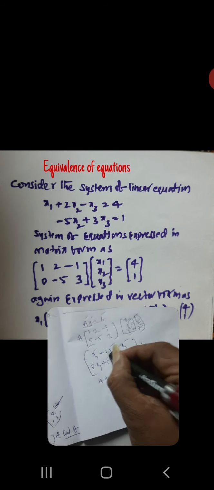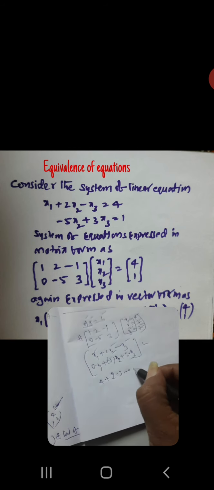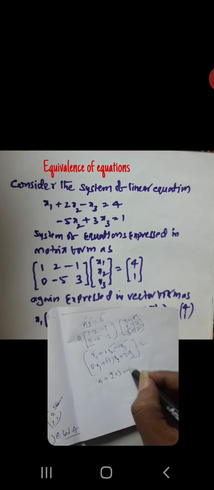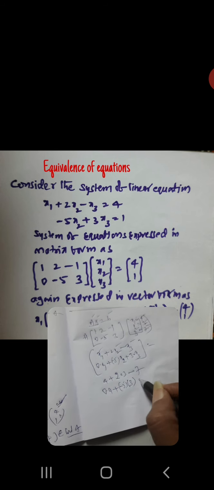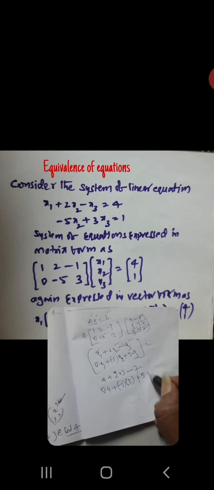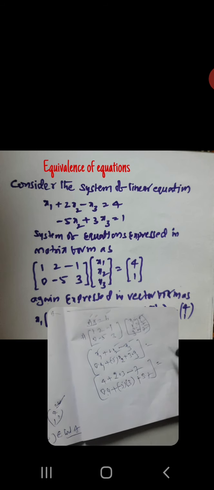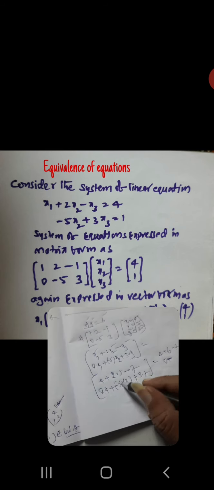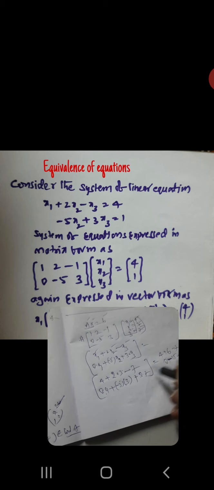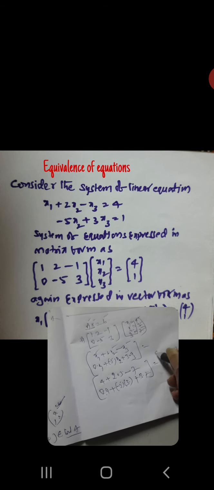4 plus 2 into 3 minus 7, and 0 into 4 plus minus 5 into 3 plus 3 into 7. What is the answer? 4 plus 6 minus 7 is 3. Then 0 minus 15 plus 21, 3 sevens are 21, is 6.